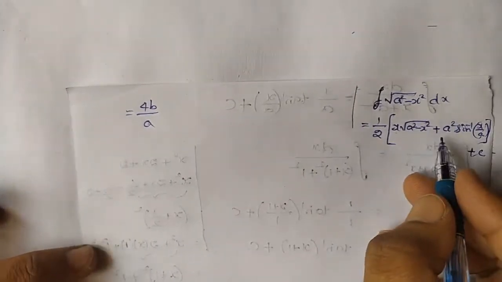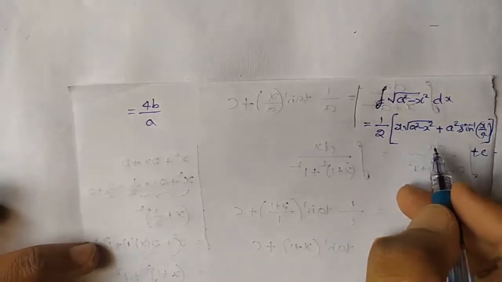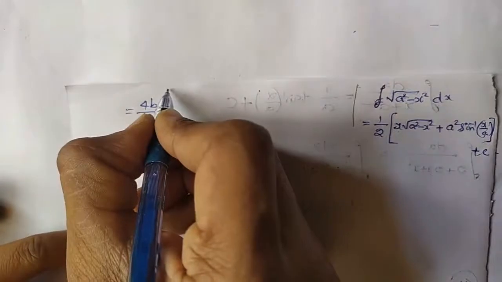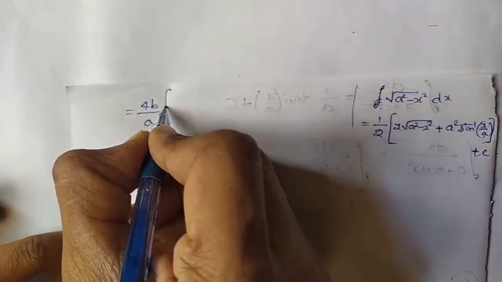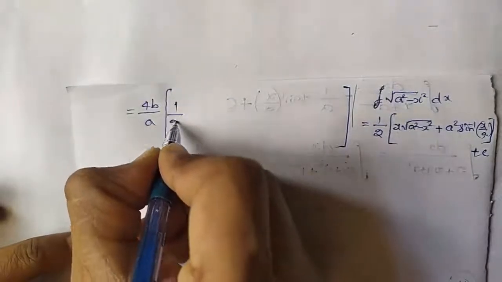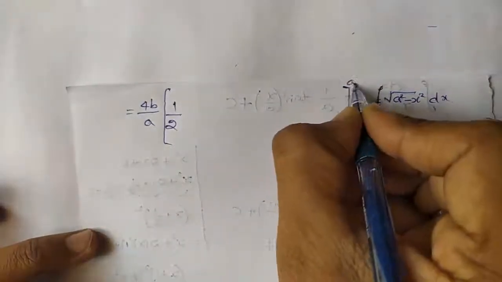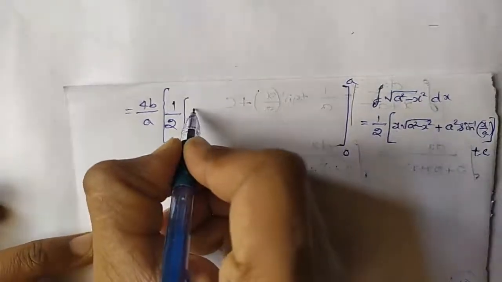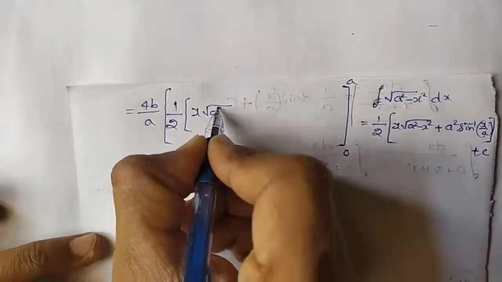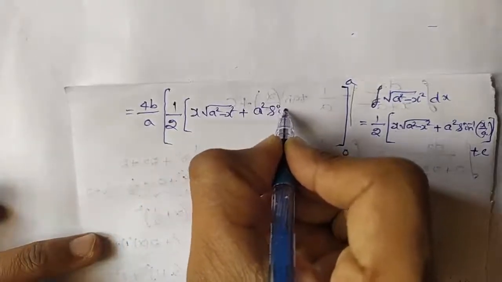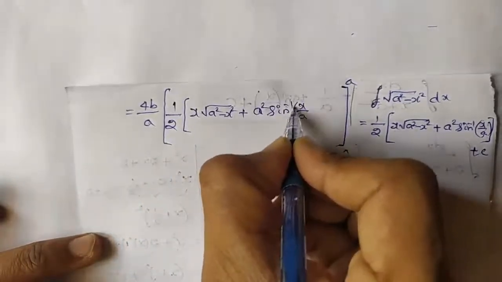This standard form we have studied and also we have proved in our integration. Similarly, let us apply this here in this problem. So 1 by 2 into, under the limits 0 to a, so 1 by 2 into x into square root of a square minus x square plus a square into sine inverse of x by a.